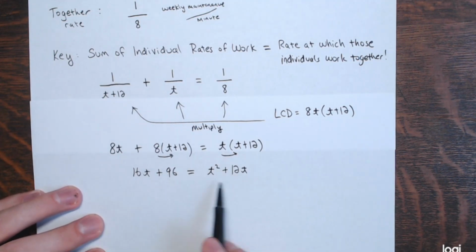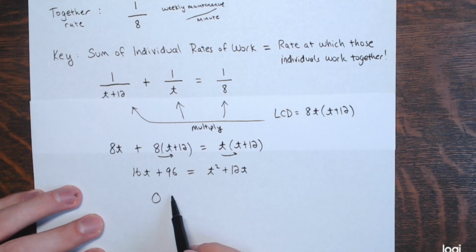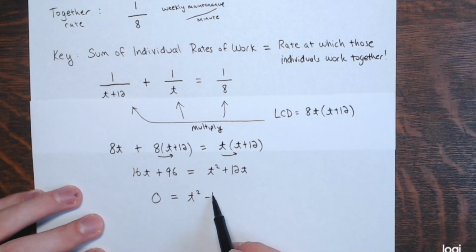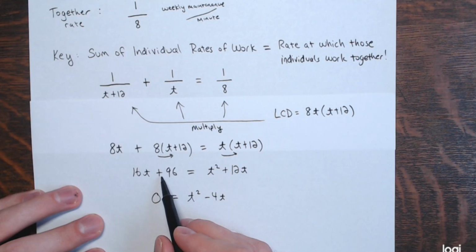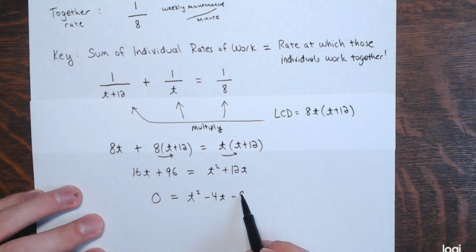Now let's take everything to one side. 0 equals T squared, and then minus 4T, when I subtract 16T, and then minus 96. And this actually factors nicely. This is T minus 12 times T plus 8.